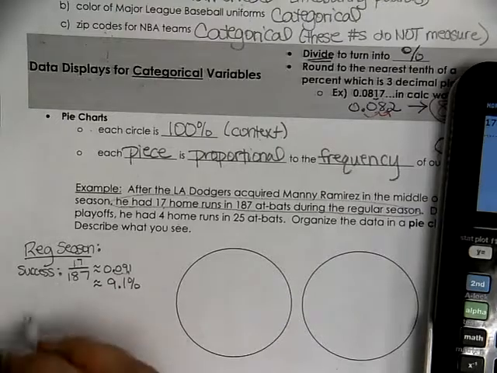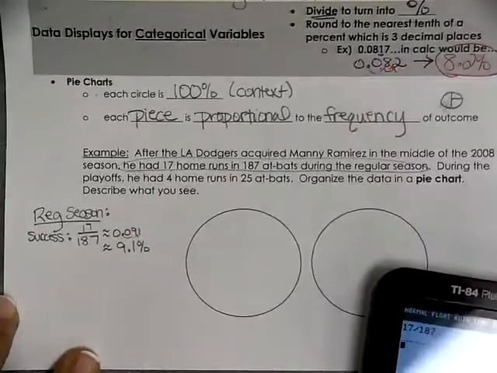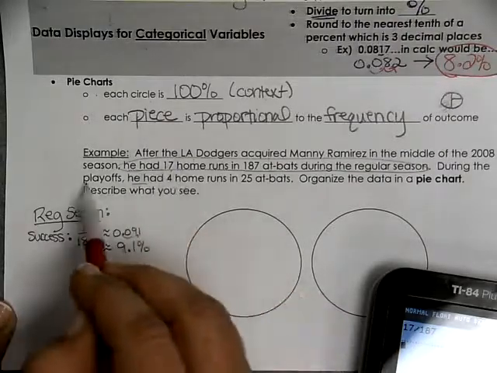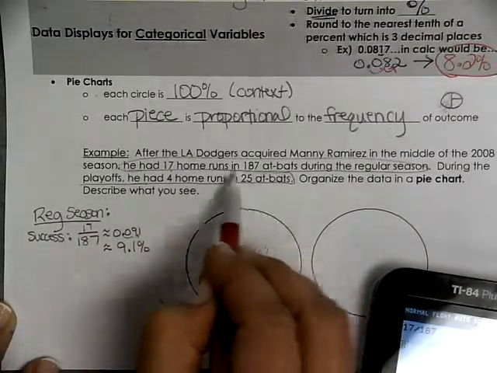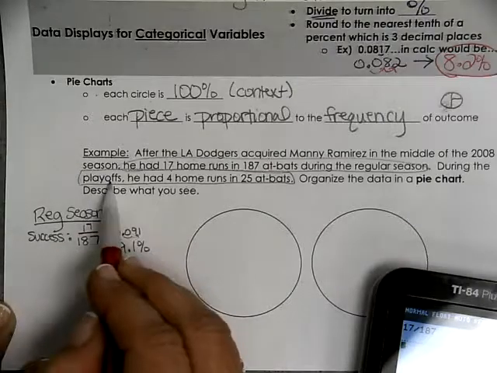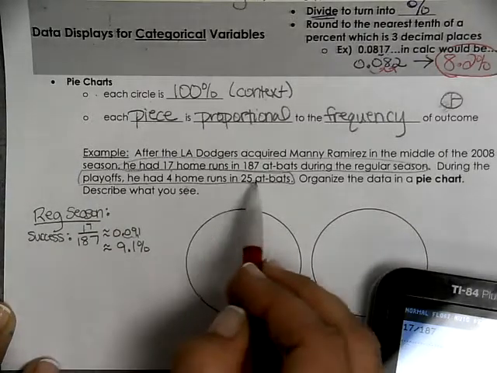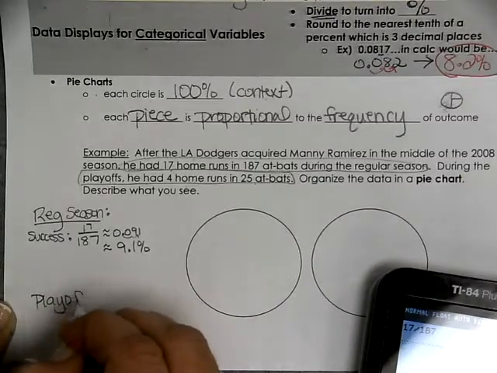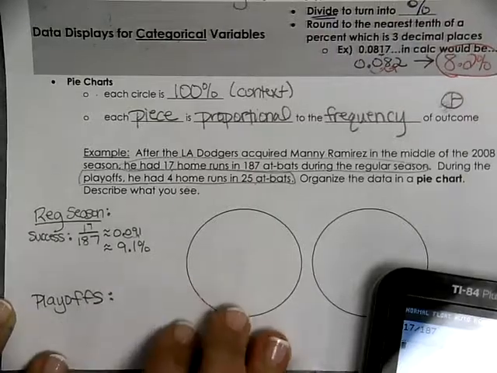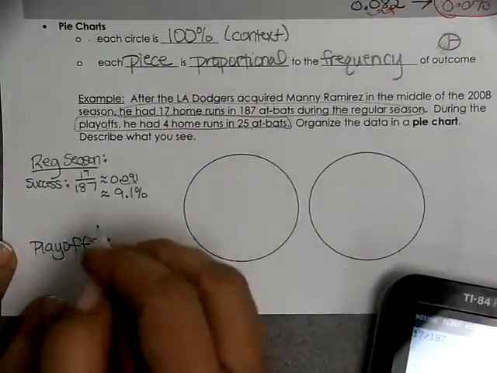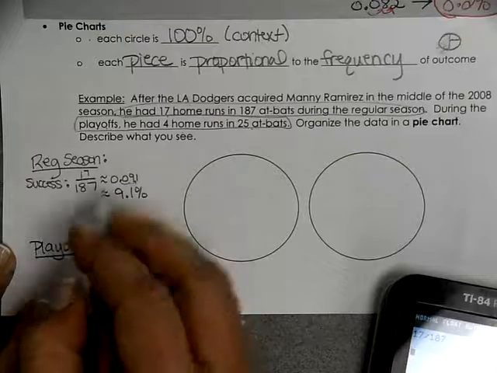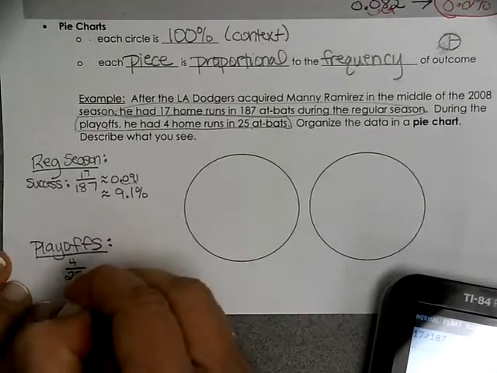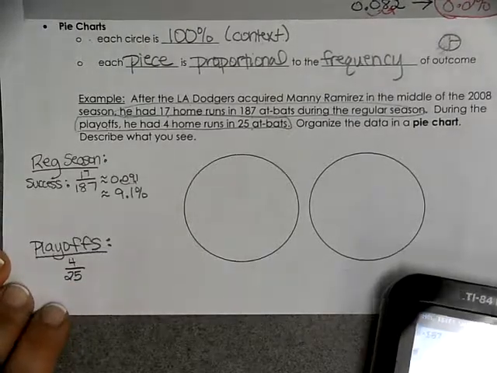Let's leave a little bit of space, and let's also look to see what happened in the other context. The other context was in the playoffs. In the playoffs, there were 4 home runs in 25 at-bats. That means that in the playoffs, the successes, there were 4 home runs out of 25 total.